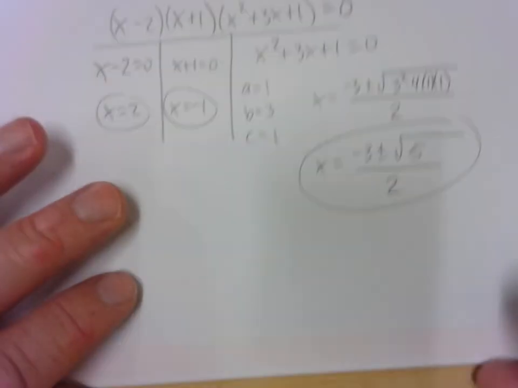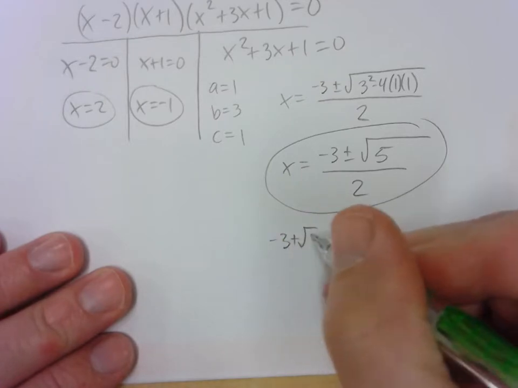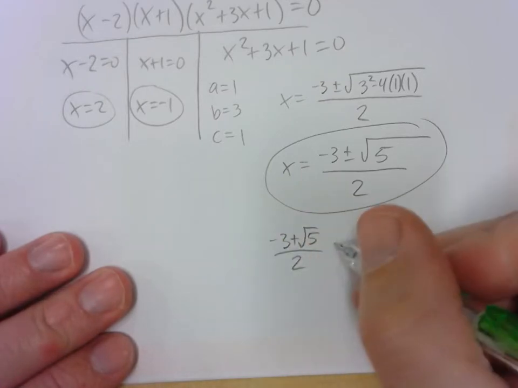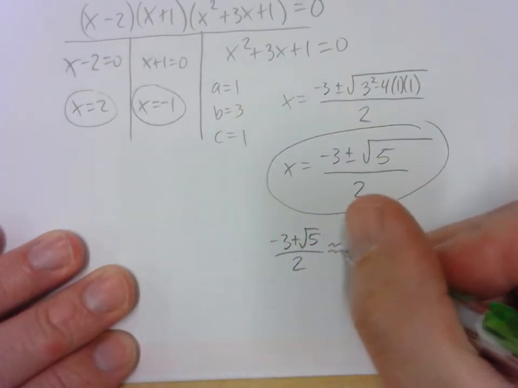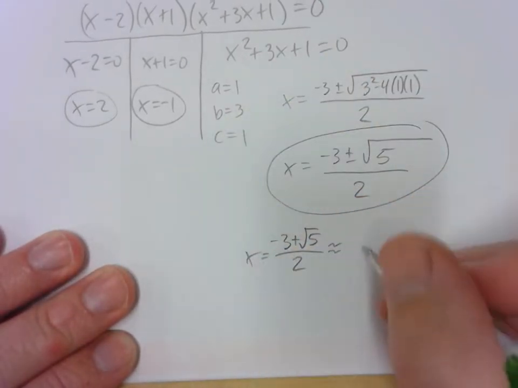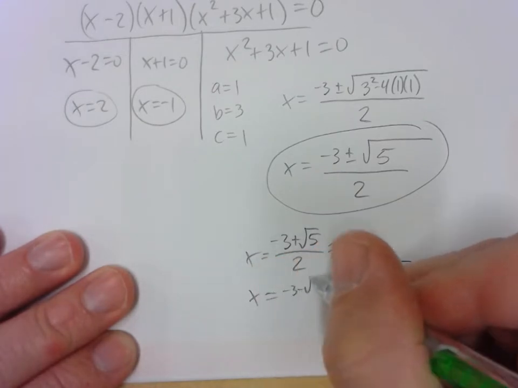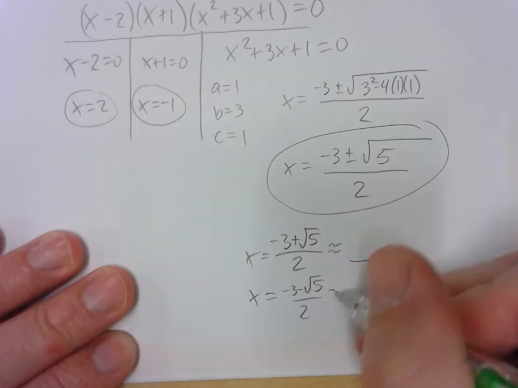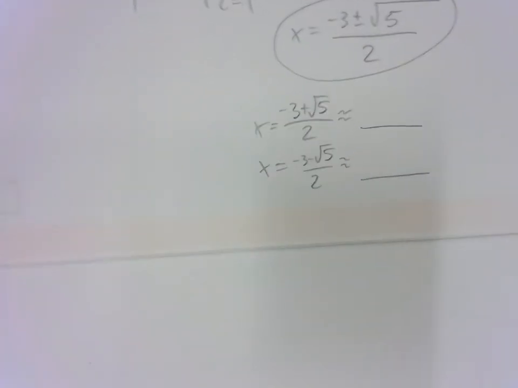Let's go ahead and get the decimal equivalents to these. So it's -3 plus radical 5 over 2 is approximately equal to, not equal to, because I can't get an exact answer, and then a number, and then x is equal to -3 minus radical 5 over 2, approximately equal to. So I'm going to get these two decimals and relate them back to the calculator that we saw earlier.